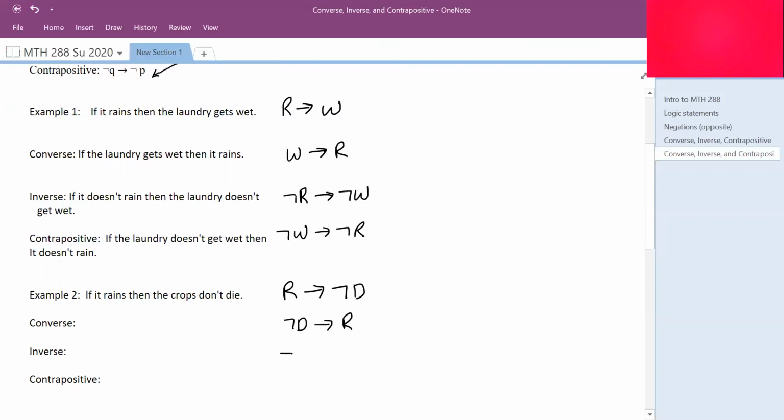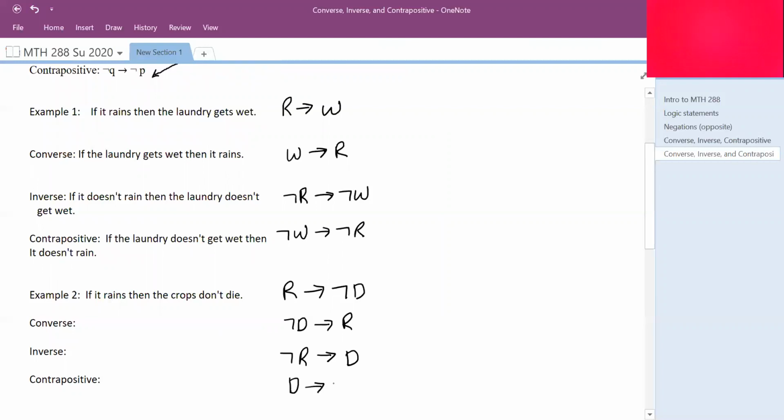The inverse would be to keep the R first, but to make it a not R. Keep the D second, but it was a not D, so now it's going to become a D. The contrapositive is to swap their positions and make them their opposites.